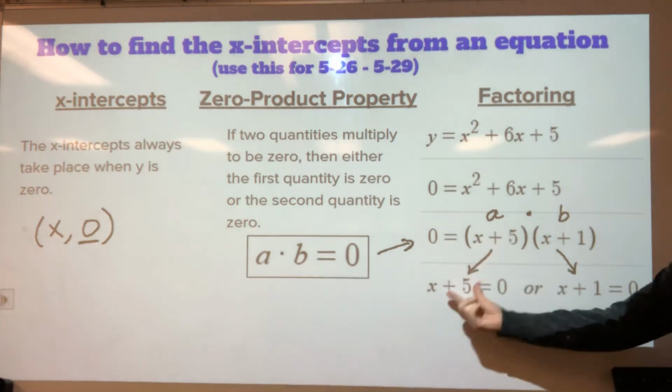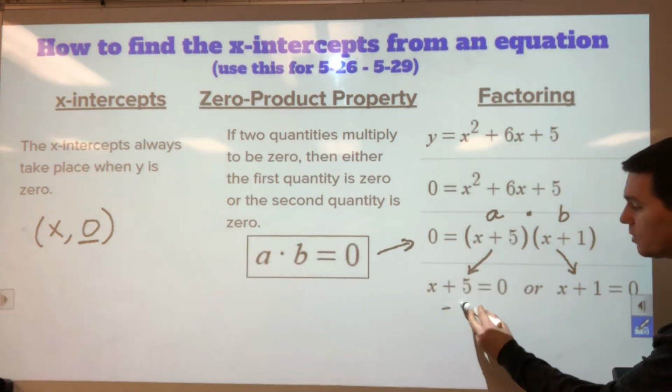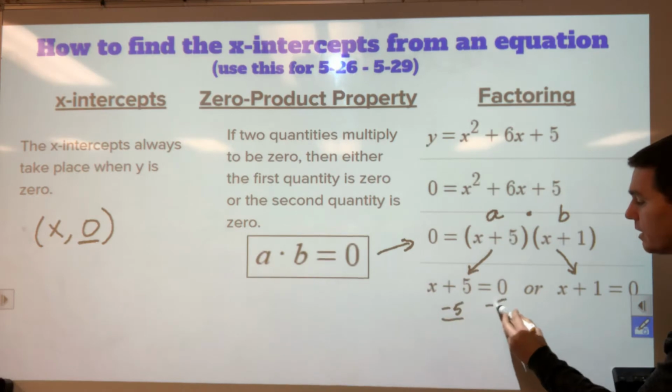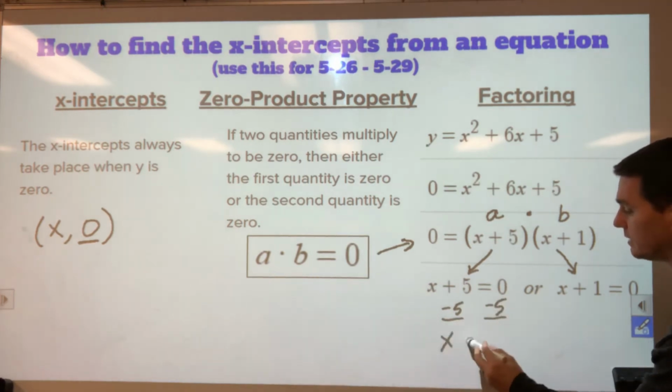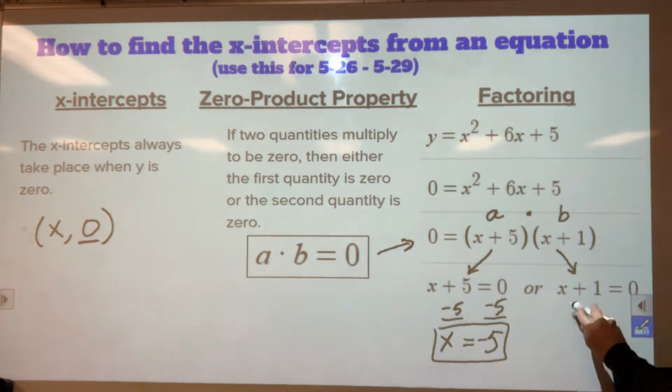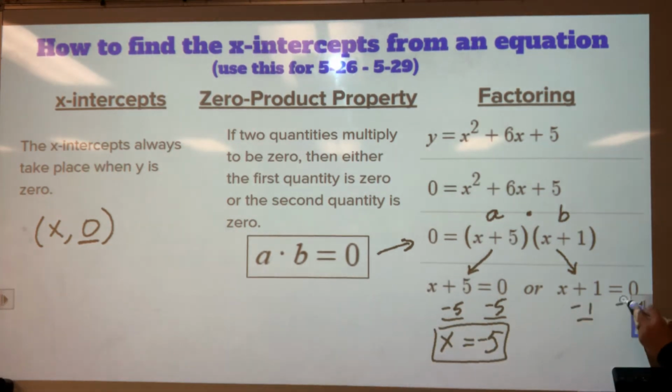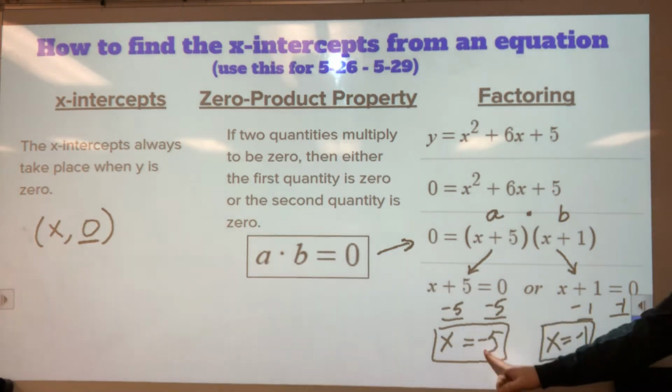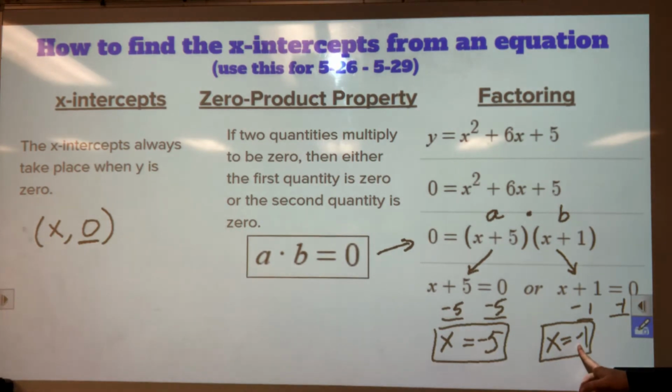So I set x plus 5 equal to 0. I solve this real simple equation, and I've got x equals -5. And here, x equals -1. So I have two intercepts at -5 and -1.